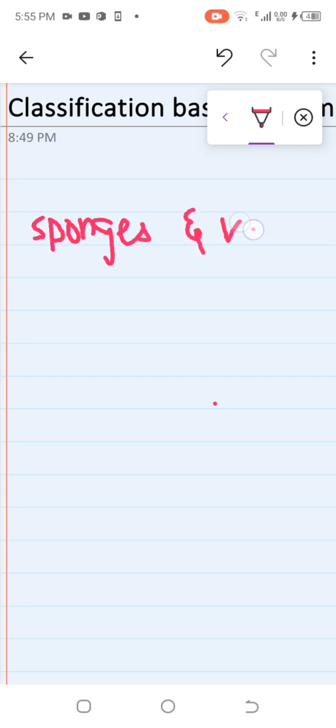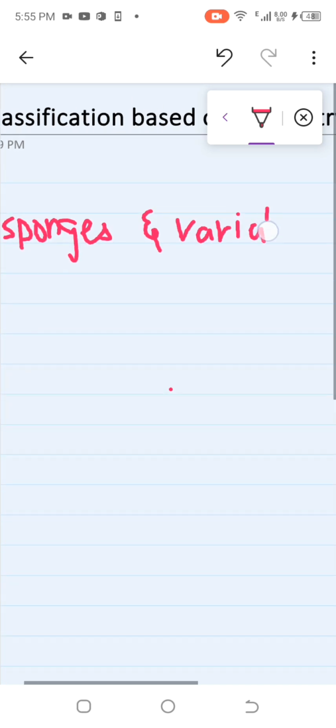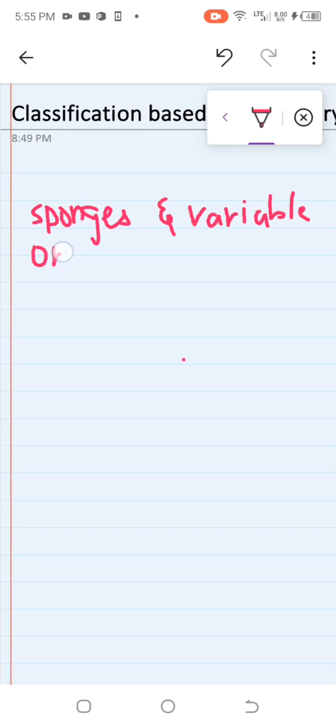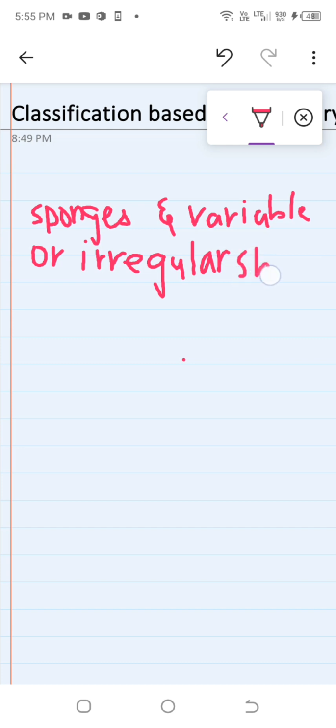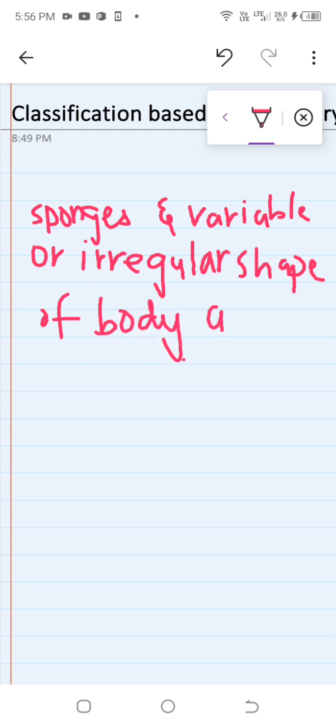Variable shape of body means the shape of the body is irregular. Animals with variable or irregular body shape are asymmetrical.